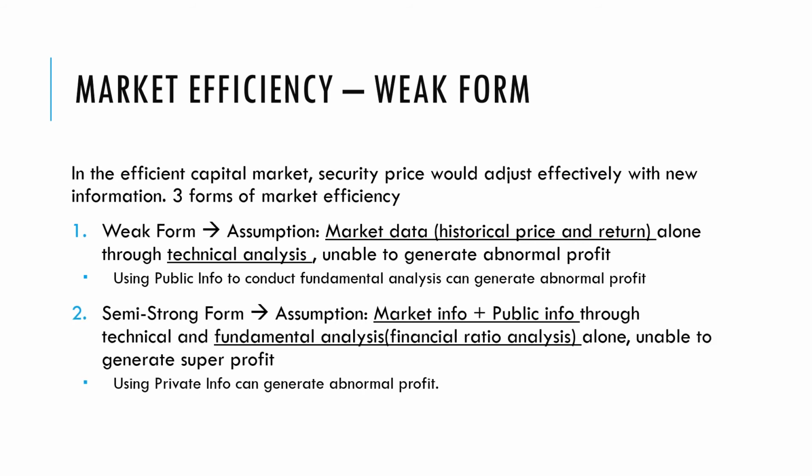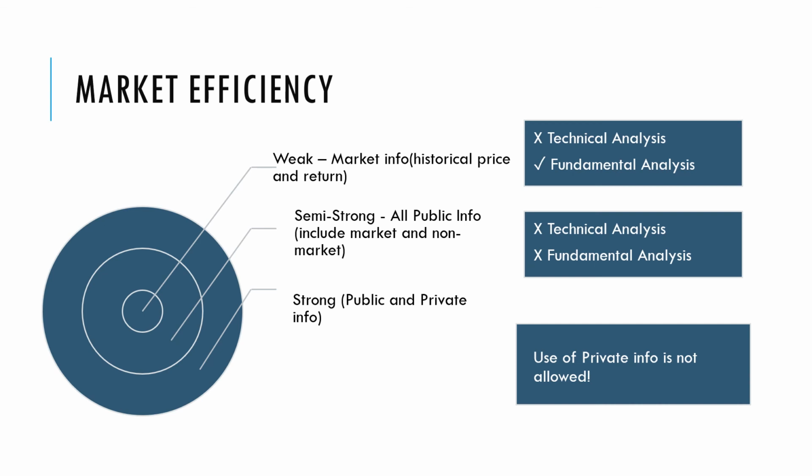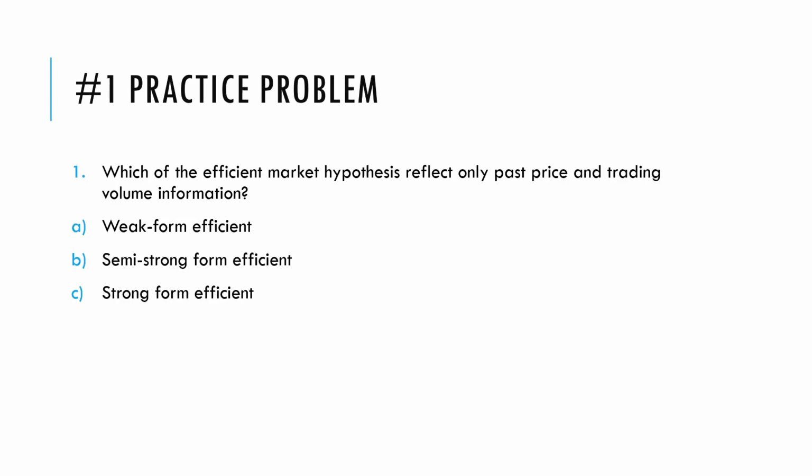In the semi-strong form, both technical and fundamental analysis of market and public information would not be able to generate abnormal profit. Using private information can generate abnormal profit, but that is not allowed by regulation and the CFA. In the strong form, all information cannot generate abnormal profit. This slide summarizes the weak, semi-strong, and strong forms.